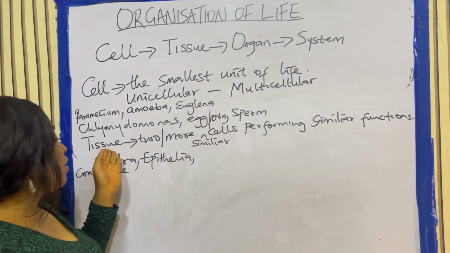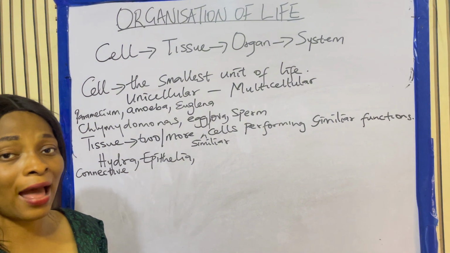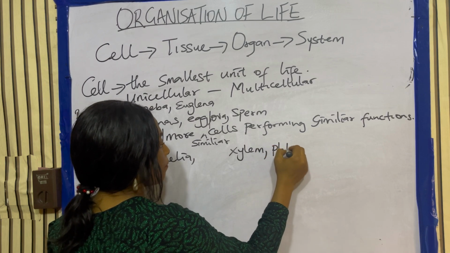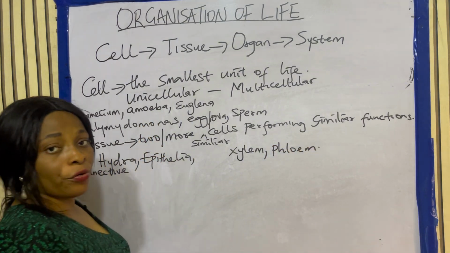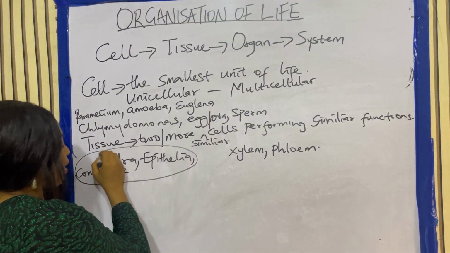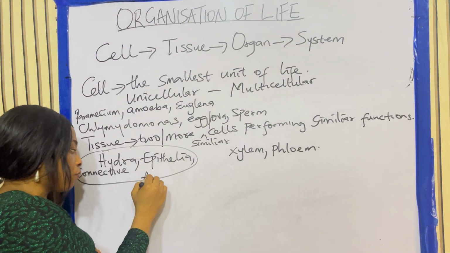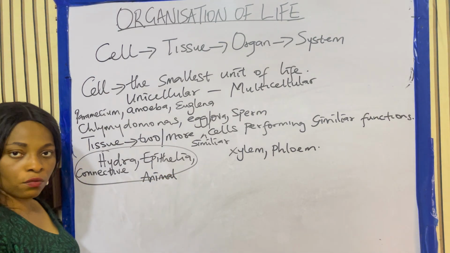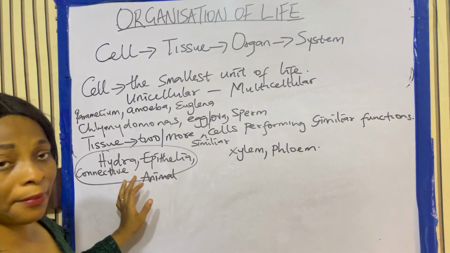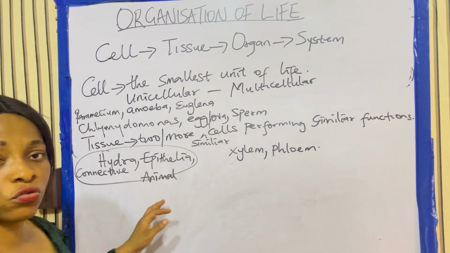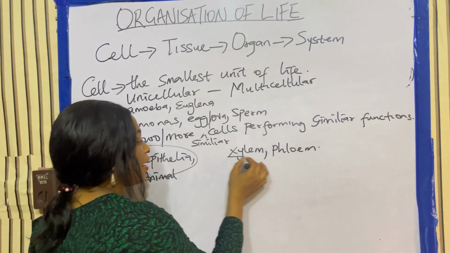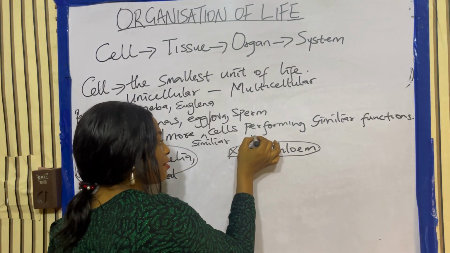Then let's look at organisms that exist as tissue but are plants. You have xylem, you have phloem. Please, I want to reiterate. These organisms exist as tissues, either in the animal body or they are animal. Like Hydra is an animal, but epithelial connective tissue exists in the body of an animal. Are we following? Then xylem, phloem, these ones, they exist in what?